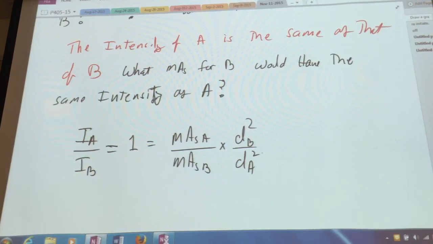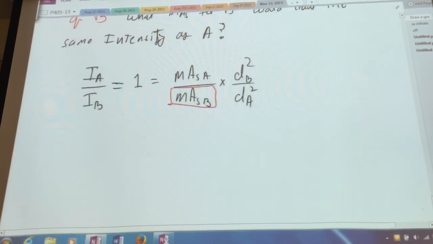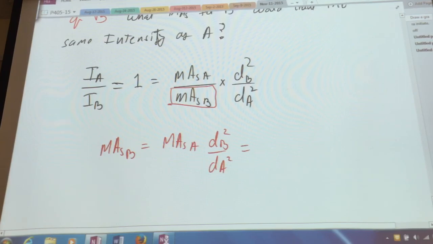And we're looking for MAS B, so we're going to rearrange things and say MAS B equals MAS A times DB squared over DA squared.